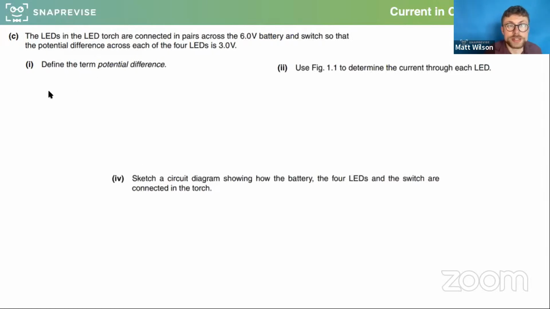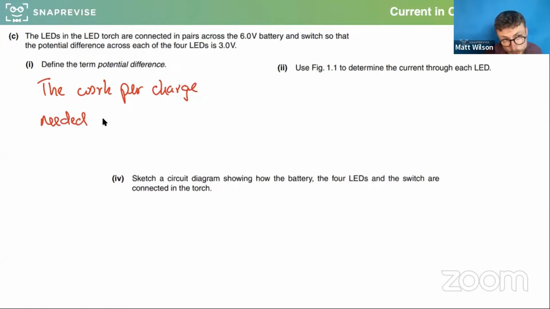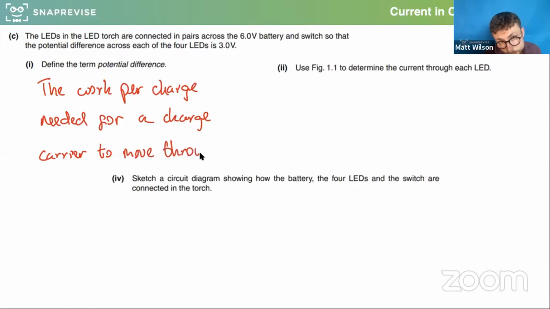It is, or at least it's the amount of energy you need to get through a component. That's also fine. So it is the work per charge, energy per charge would also be fine. The work per charge needed for a charge carrier to move through a component.